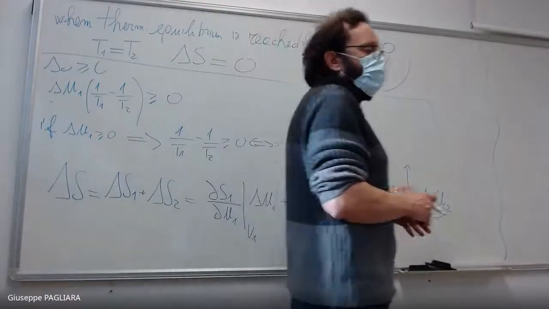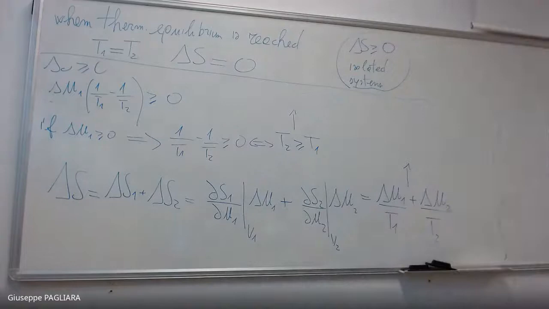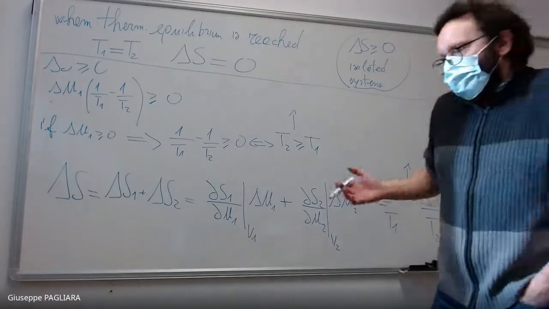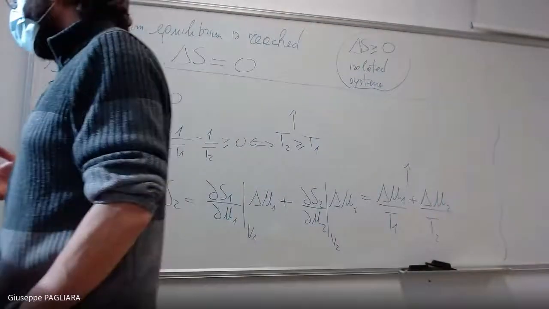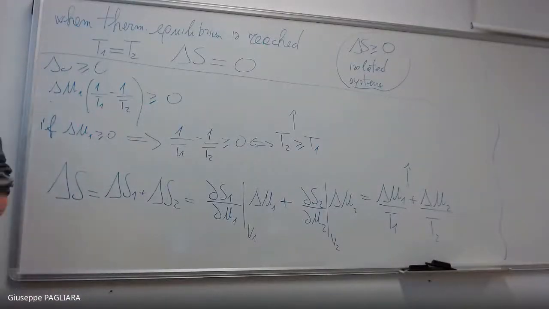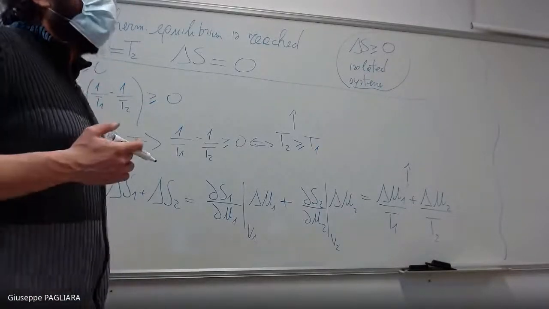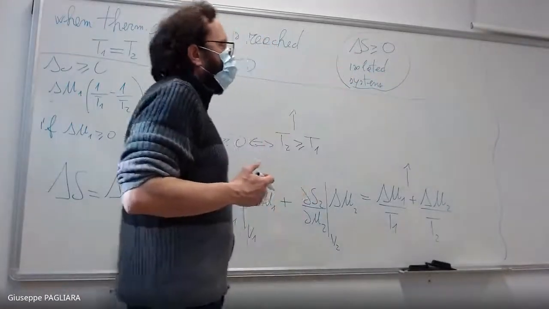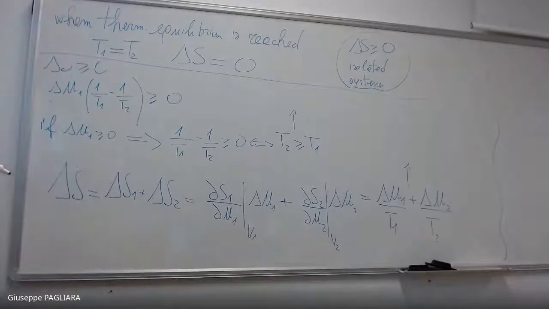So I know that if I have an isolated system, the entropy must increase in time. And you know, the only system which can be considered fully isolated is the total universe. There are, of course, systems which are to some extent isolated, for which the second principle can be applied in this form, but actually the only one is the universe.